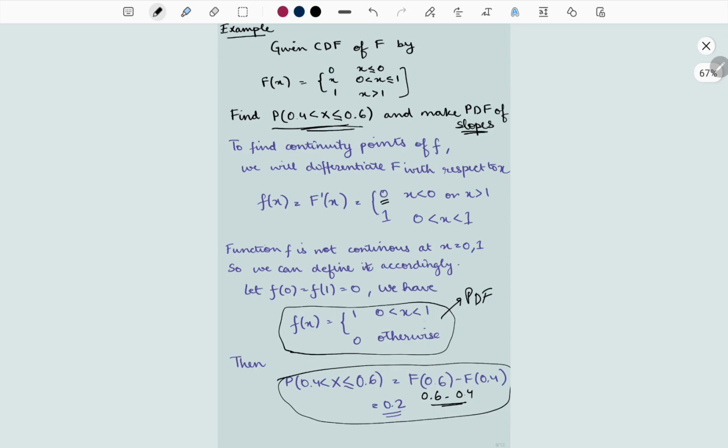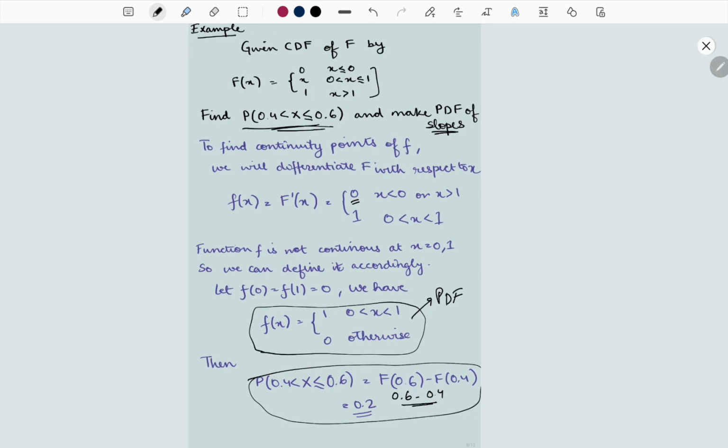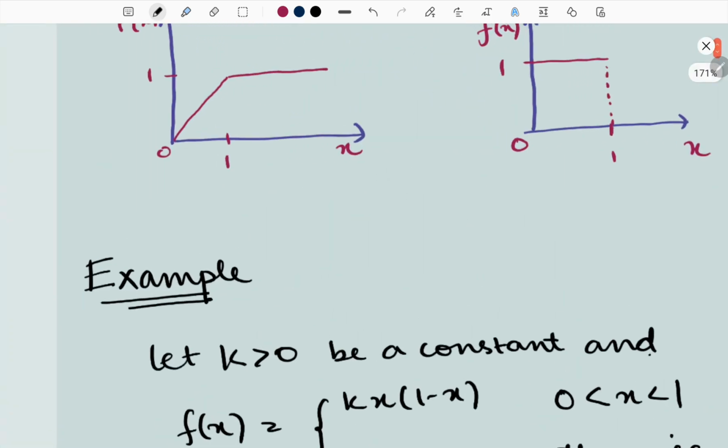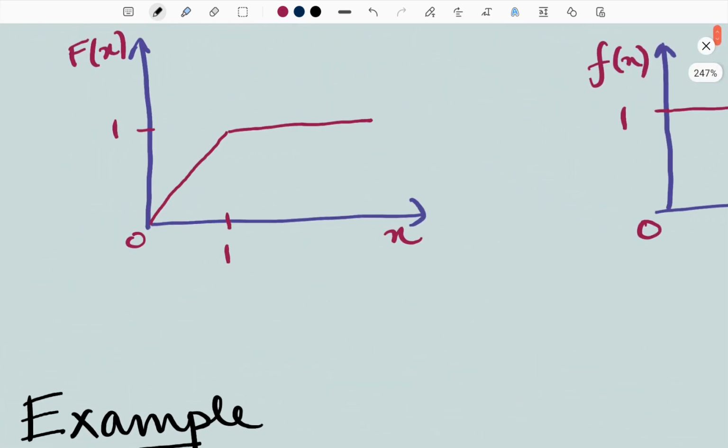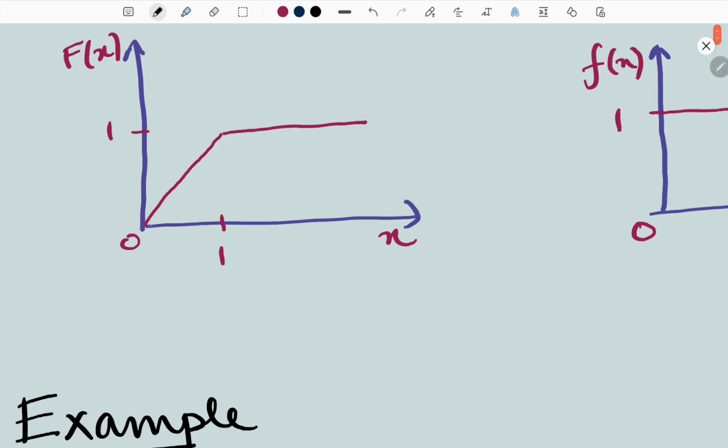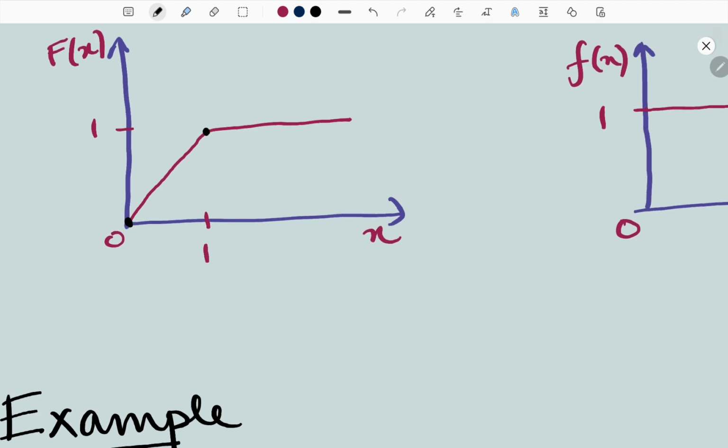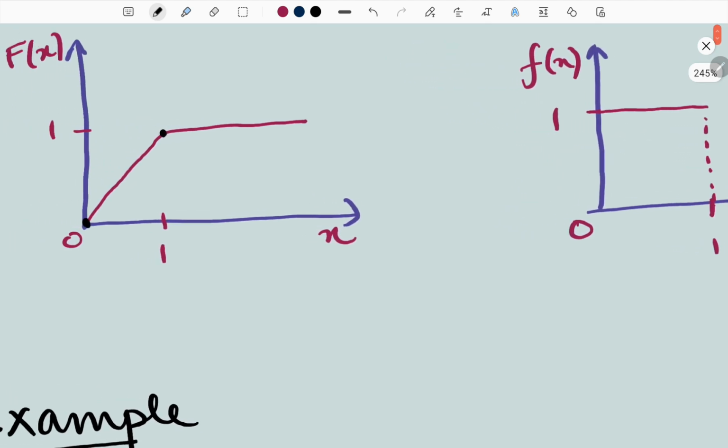Now I will be explaining this part in the next slide, where a graph is given. Yeah, so here, this is the point. Here it is discontinuous, and here it is discontinuous, because actually we can't say that it is discontinuous.